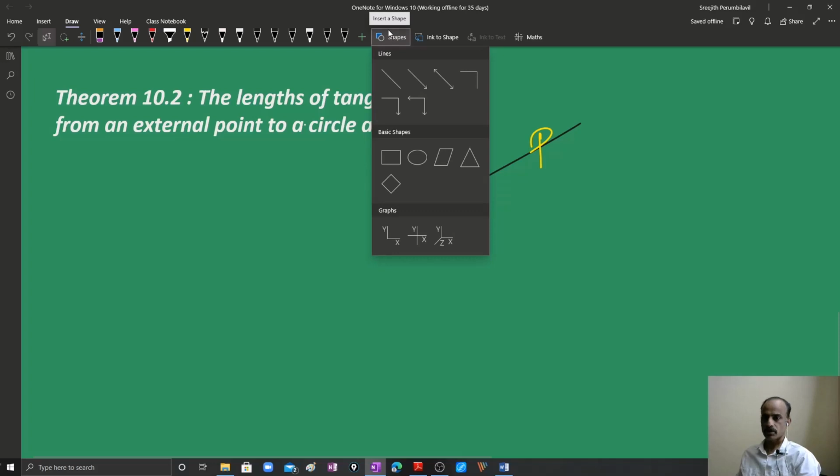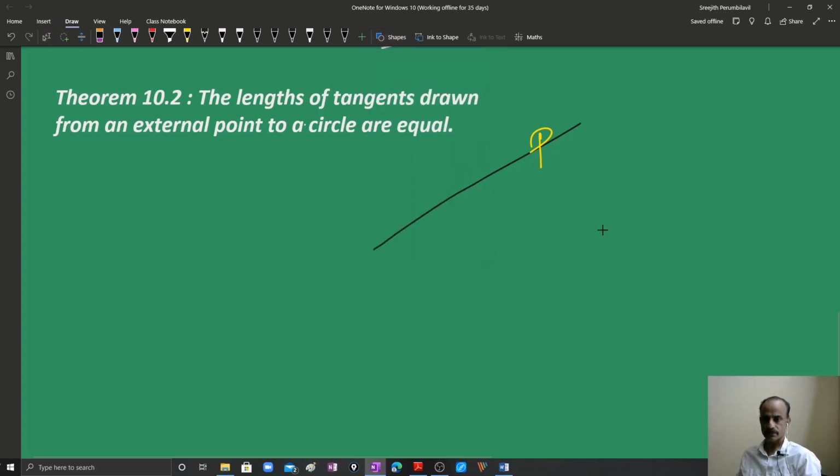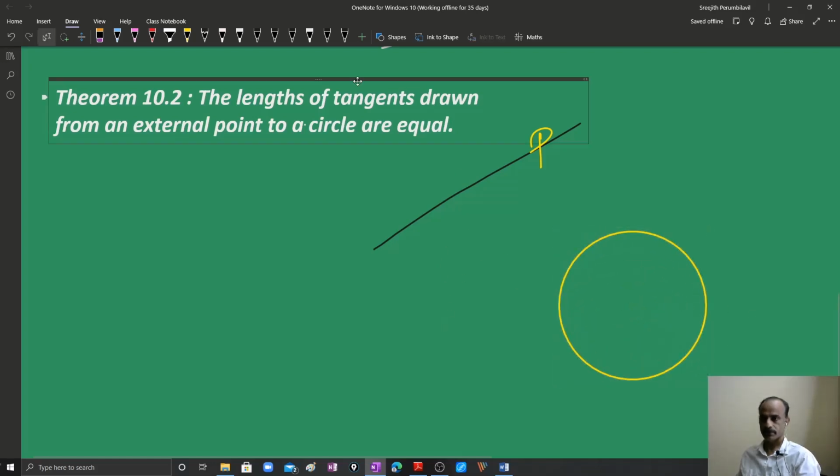Okay. So let us consider a circle with center O. And let us take a point P outside it.